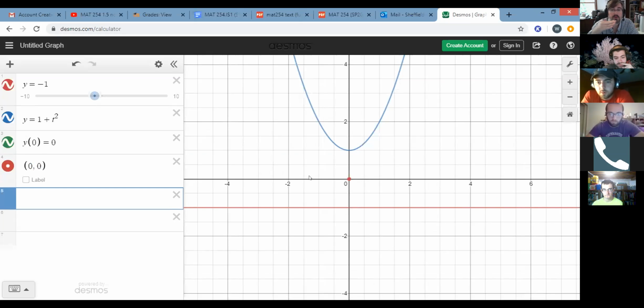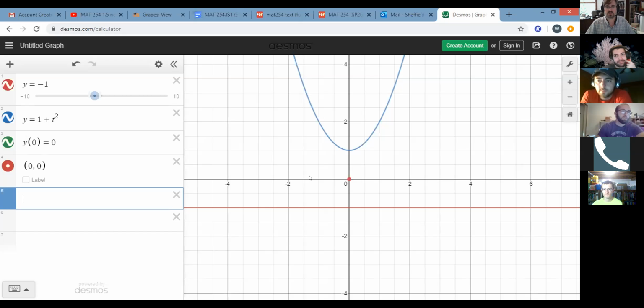But it could never be below the line y equals -1, and it could never be inside that parabola up there. Right. And as a matter of fact, it can't touch either one of those two curves, right? Because in order for it to touch one of those two curves, it would have to become that curve itself. Right. So nice.